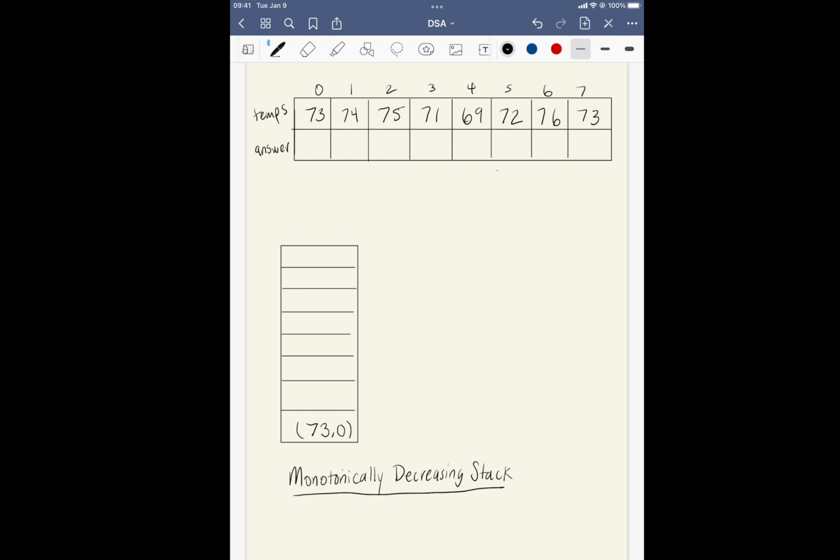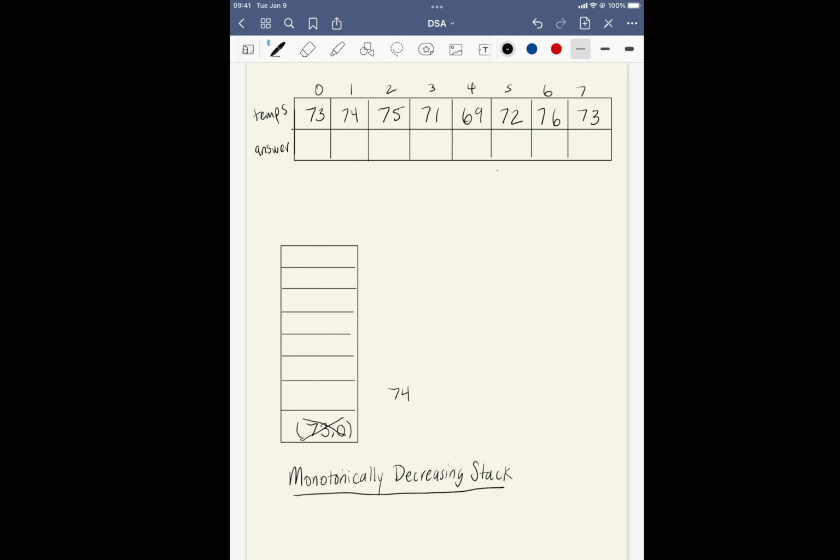Then we're going to go to 74. Now we have 74. Can we put 74 on the stack? No, because if we put 74 on the stack it wouldn't be decreasing, it would be increasing. So what we need to do is pop off of the stack. So we pop 73 off of the stack.